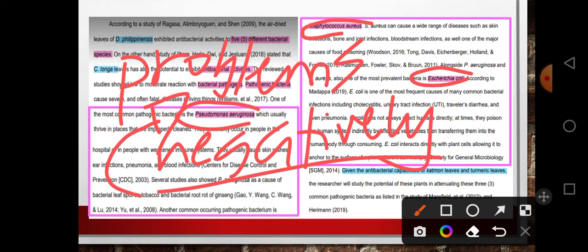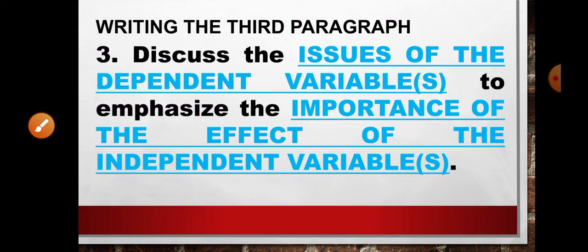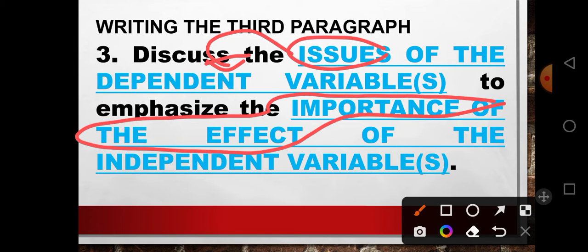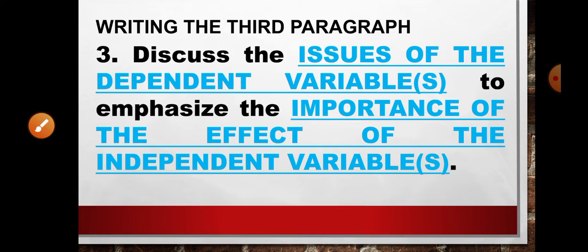And the discussion of these problems regarding the dependent variable will establish why it is essential that the independent variable must have an effect on the dependent variable. And that will be our third guideline. You must discuss the issues or the problems related to the dependent variables so that you can emphasize the importance of the effect of the IV. So that is our third guideline.